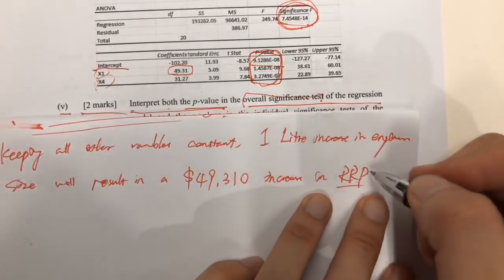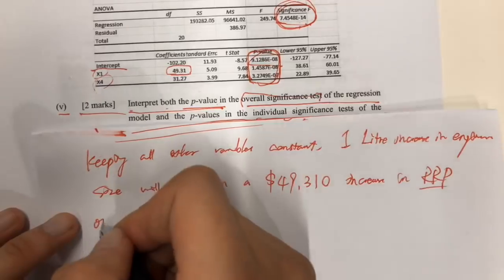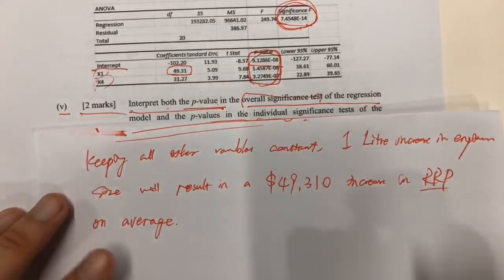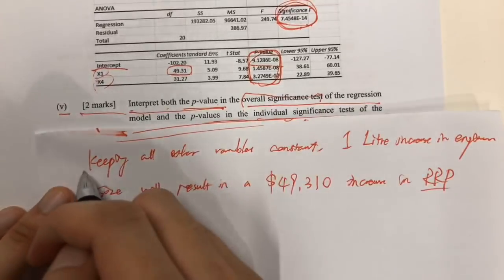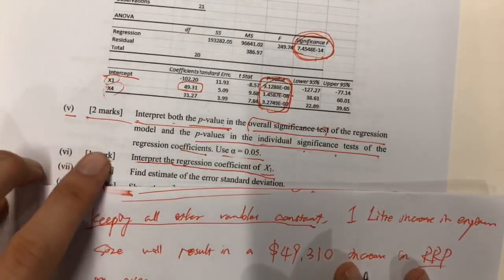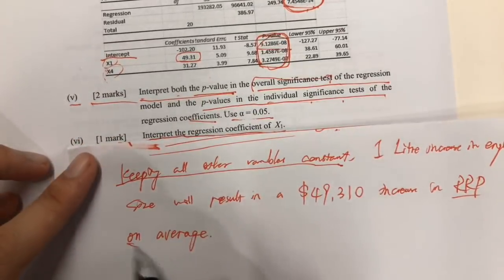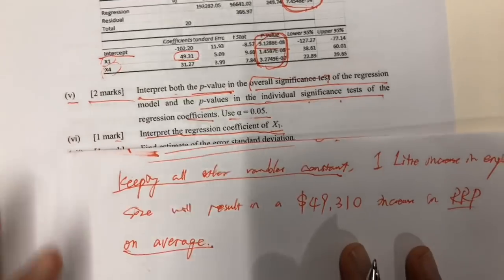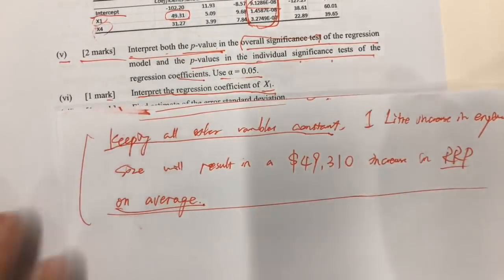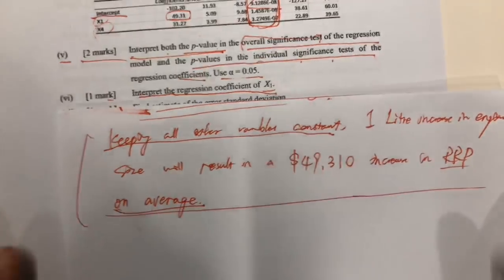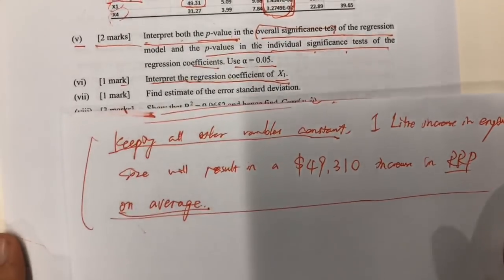And another important thing is on average, right? On average, okay? So two things: keeping all other variables constant, probably worth 0.5 mark. On average, worth another 0.5 mark, okay? So that is how it can be tested when you interpret the coefficients, okay?